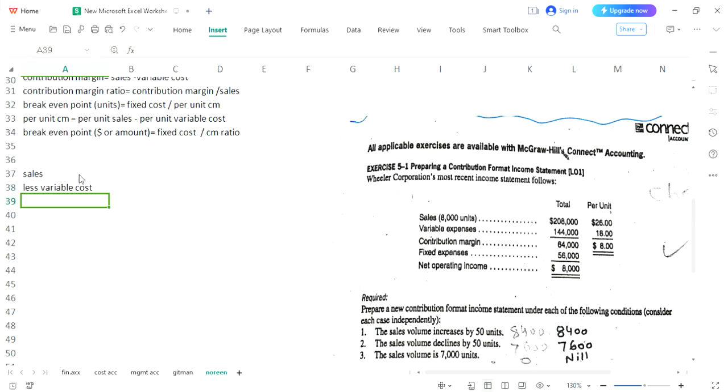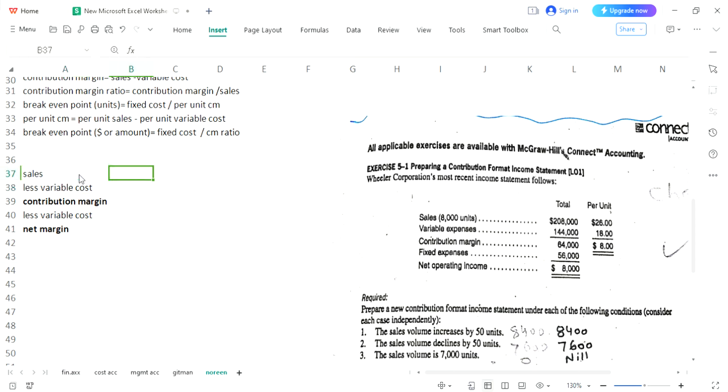What you will get would be contribution margin, and then you will subtract your fixed cost, with which you will get your net margin. This is the simplest form of making an income statement, and here you will calculate your contribution margin and net margin.